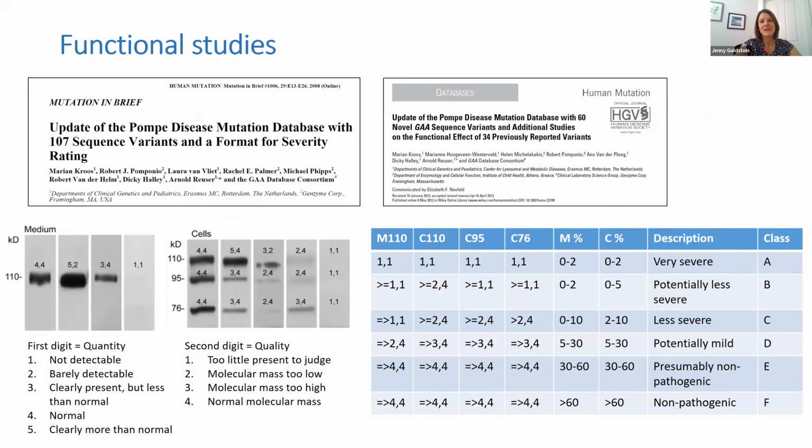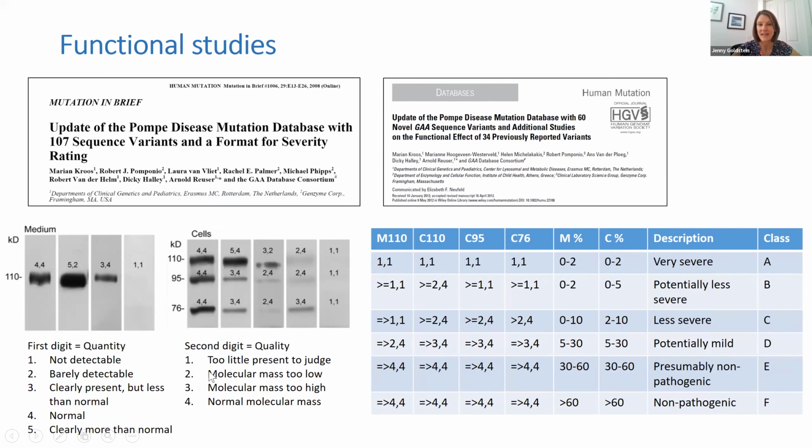So there are a couple of papers with lots and lots of functional data from a group that's really well recognized, well known in the Netherlands. And they published these studies where they had developed a really nice system for looking at how a variant impacts the enzyme activity. So they're looking not only at the activity of the enzyme, but also at the Western blot pattern as well.